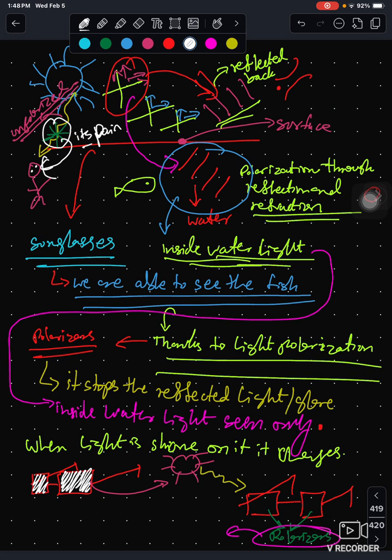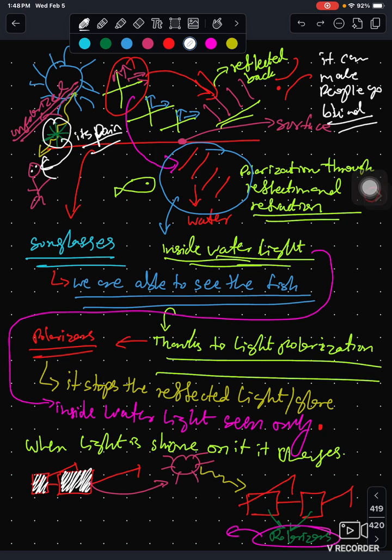And one more thing, its medical health issue, is that it can make people go blind, and it can give other health issues as well. That's why we are advised not to look straight into the sunlight, because of the multiple orientations, the light being unpolarized.